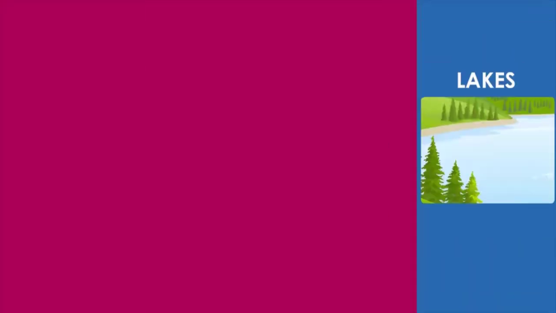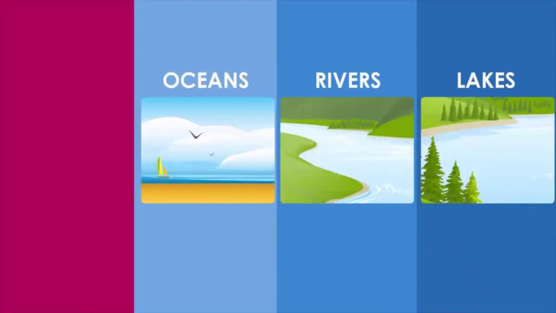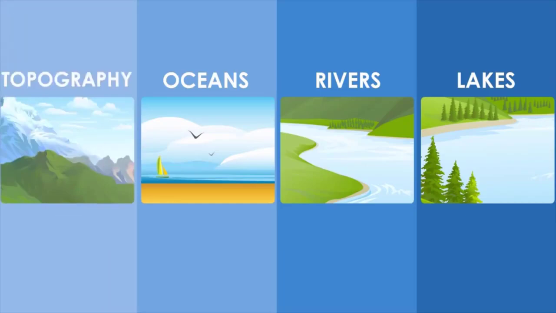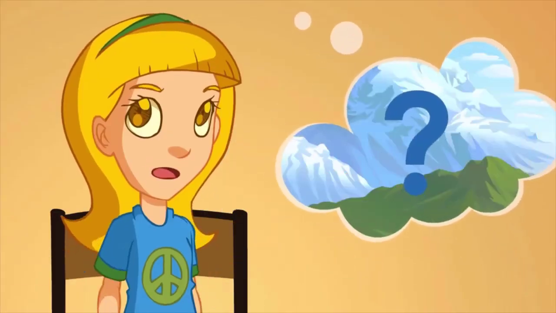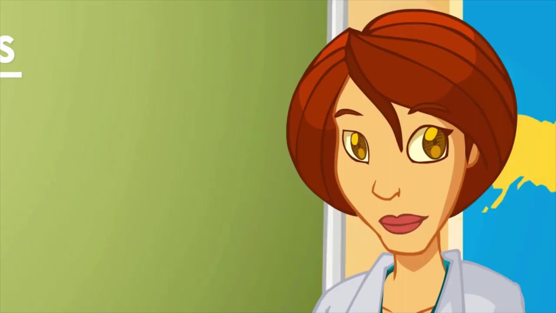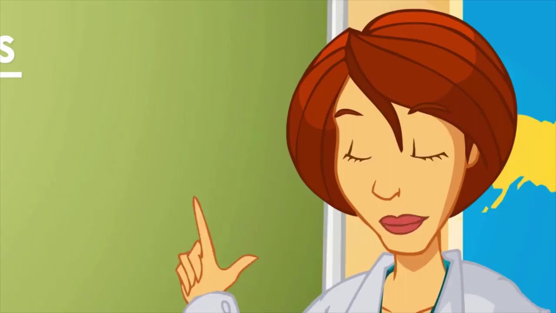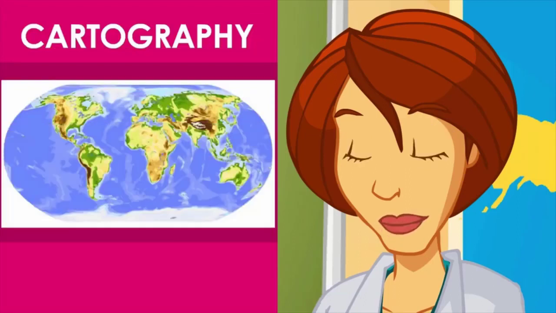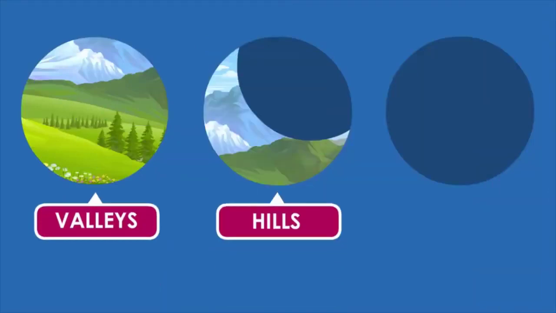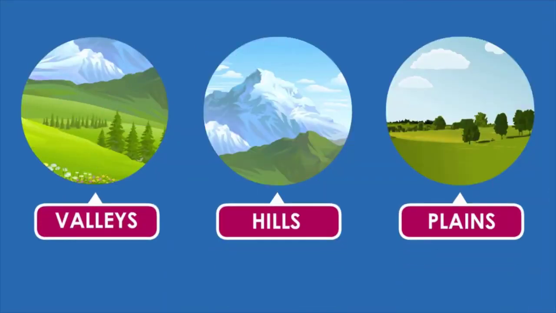Physical maps show where lakes, rivers, and oceans are located. They also show the topography of the area, as on this map. What do you mean by topography? The mountains? Not only the mountains. The science of making maps is called cartography. It takes into account that the relief comprises valleys, hills, plains, or any other landform on the Earth's surface.